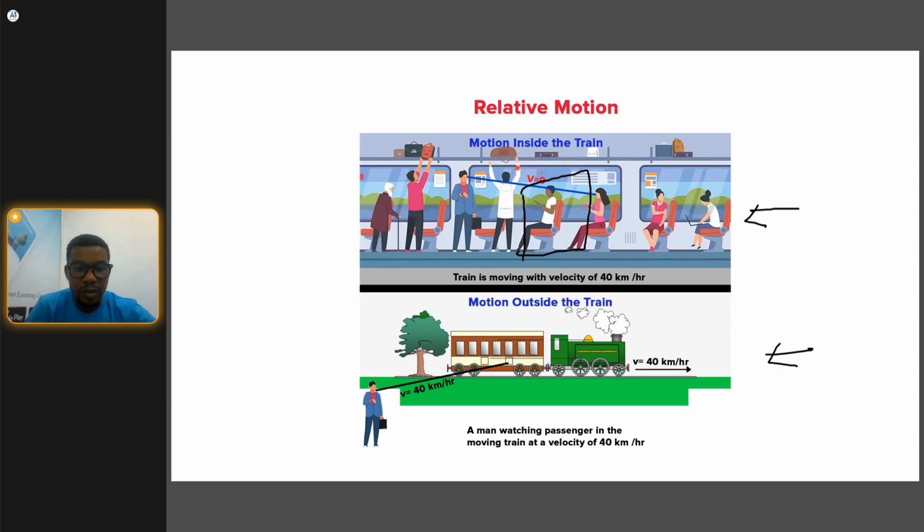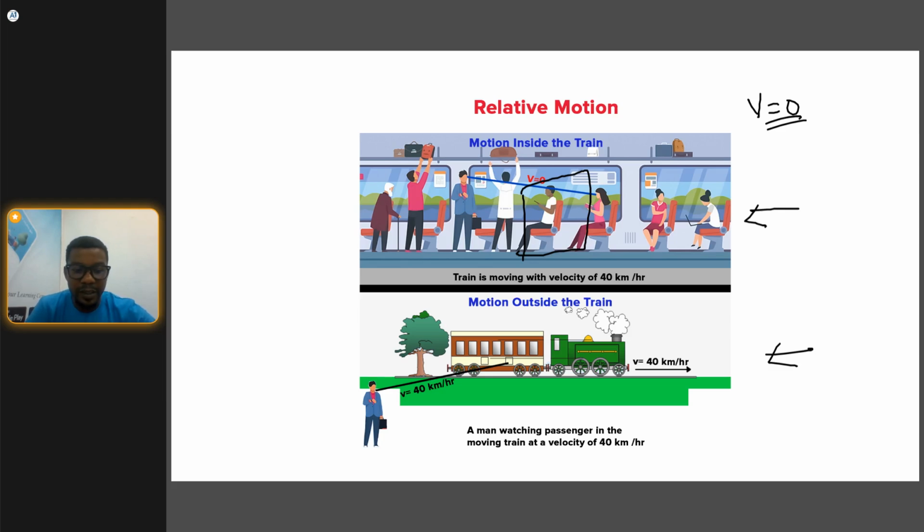V equals 0. The velocity of the boy sitting was given to be V equals 0, because no motion has taken place. The train is moving, but the boy in the train is sitting. He's not performing any motion, right? And that is why the velocity was given as 0.